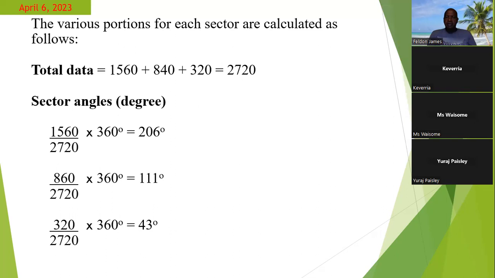The entire circle has 360 degrees, and we use those angles when we are representing our sectors. Each sector will have one of these angles, so we're going to have 3 sectors. The circle is going to be cut up into 3 slices, and each of these angles is going to represent a slice.